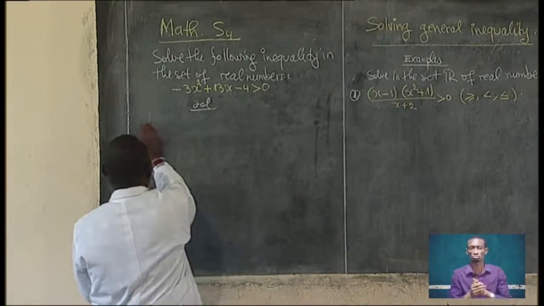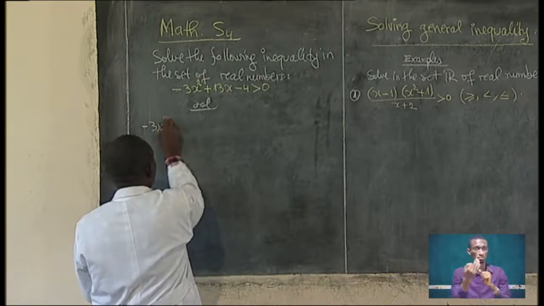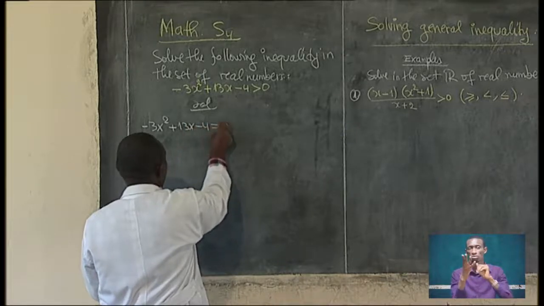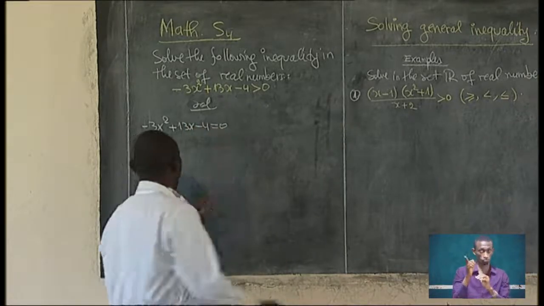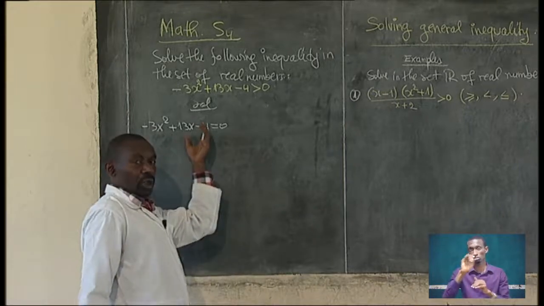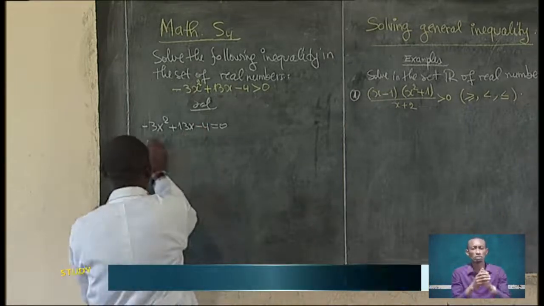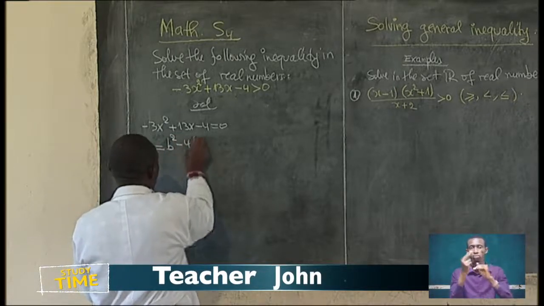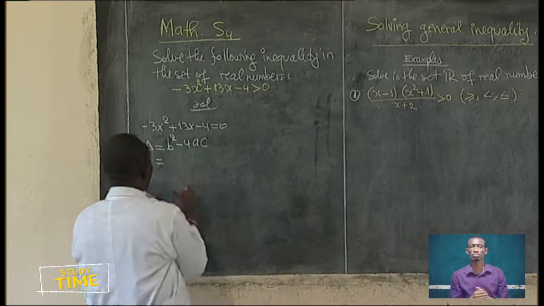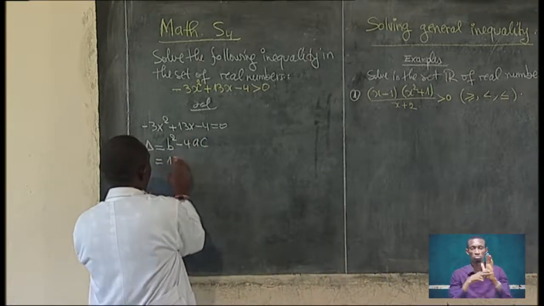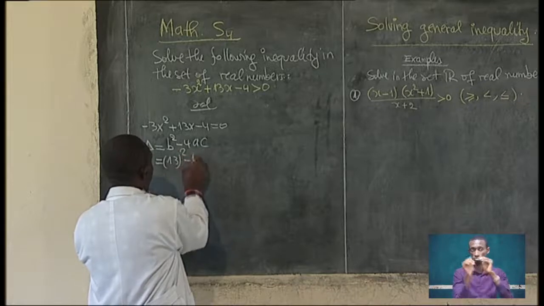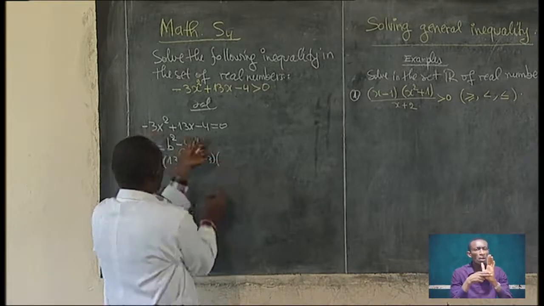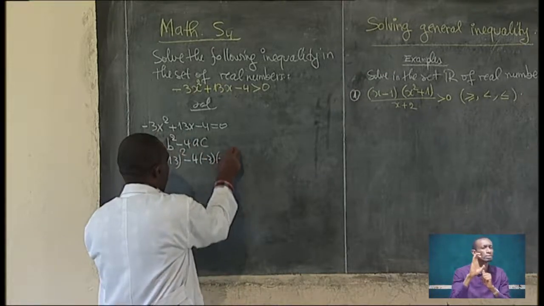So I'll be having minus 3x squared plus 13x minus 4 equals 0. This is a quadratic equation. I'm going to solve this quadratic equation using the quadratic formula. So the discriminant is given by b squared minus 4ac. Of course, b is 13 squared minus 4 times a, which is minus 3, times c, minus 4.